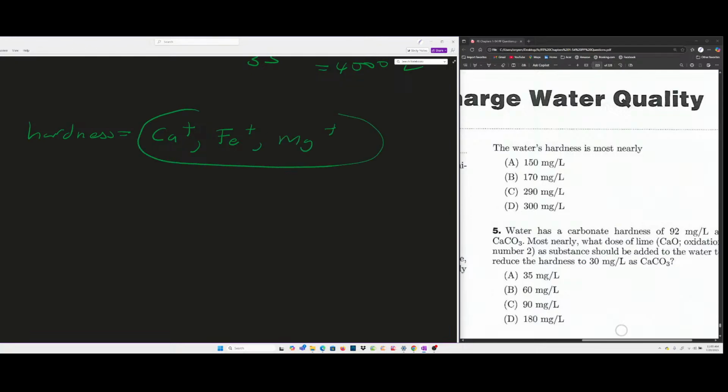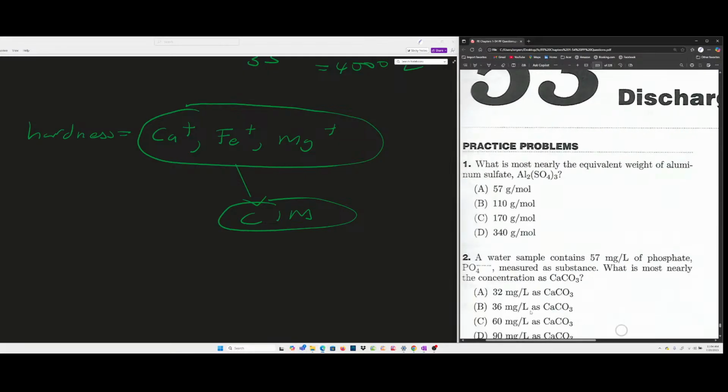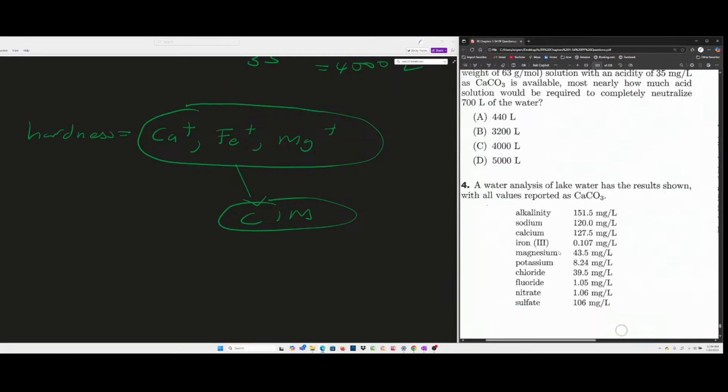These 3 ions, calcium, iron, and magnesium, I call them the same ions. These same ions are mostly the result of the hardness of water.